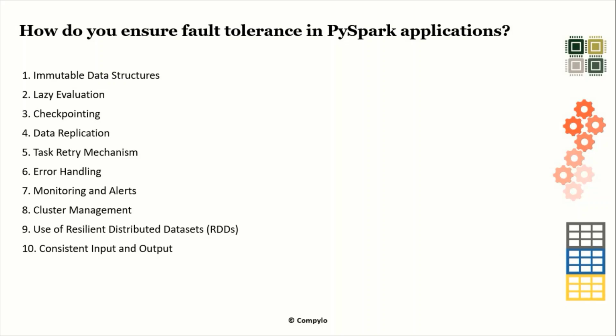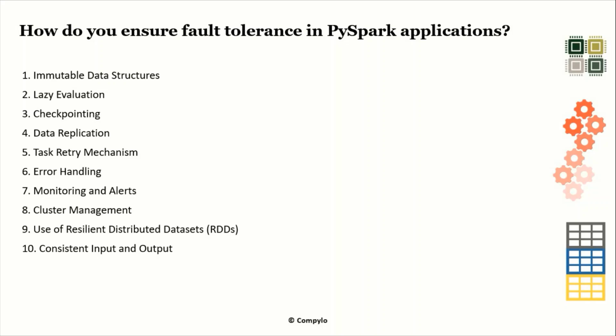Next, Spark uses lazy evaluation, which means transformations are not executed until an action is called. This allows Spark to optimize the execution plan and recompute lost data as needed. Next point is we should use checkpointing to save intermediate results to stable storage.